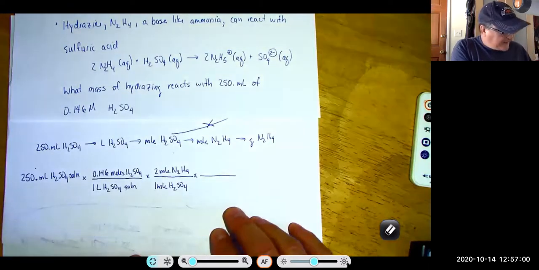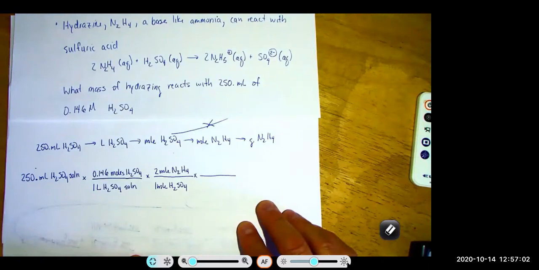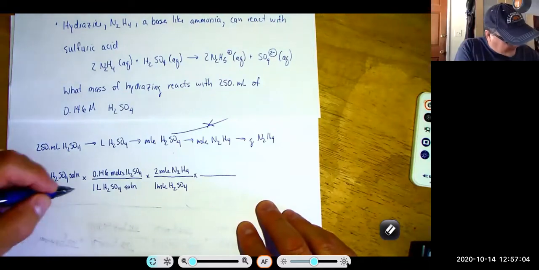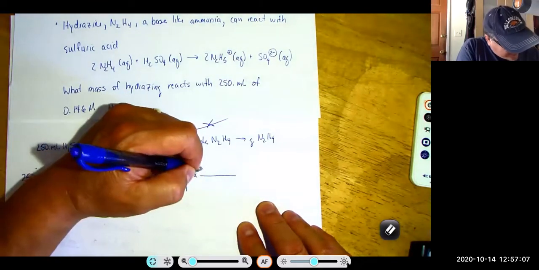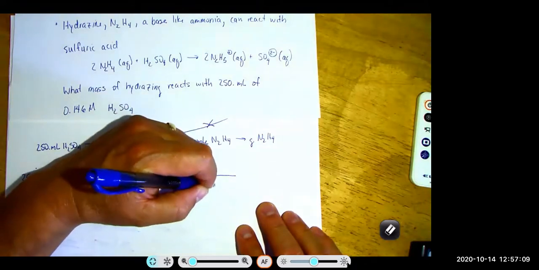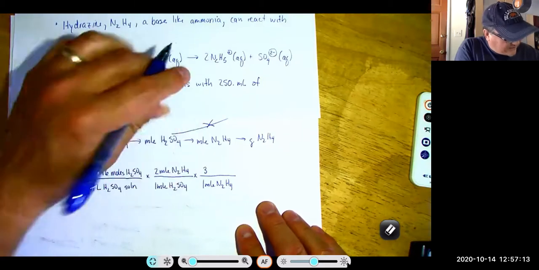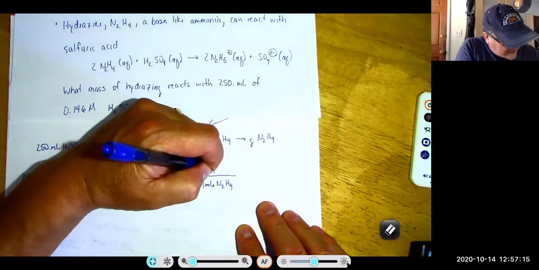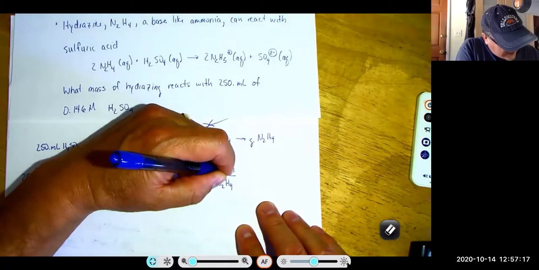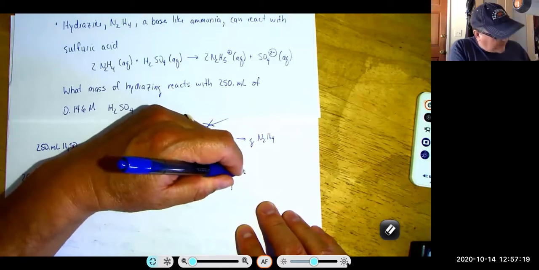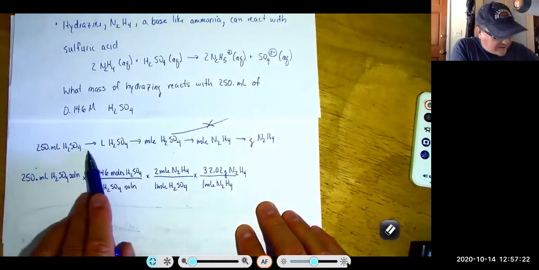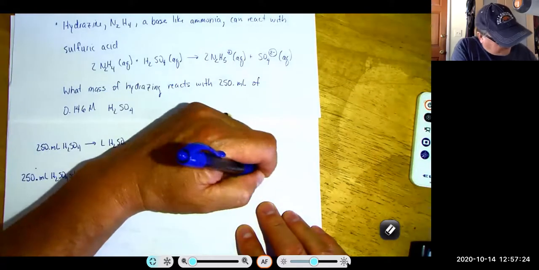And then finally, I think, oh, I forgot something here, didn't I? Yeah, I was going to mention you forgot to get rid of the milliliters. But that's okay, because even though I didn't do this step here, I can do it now.